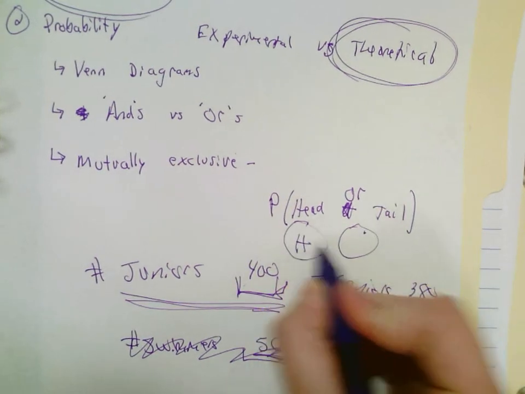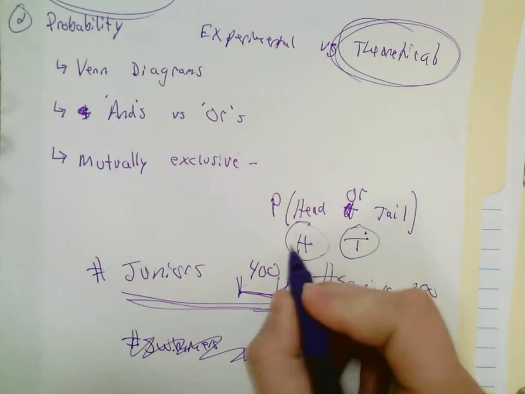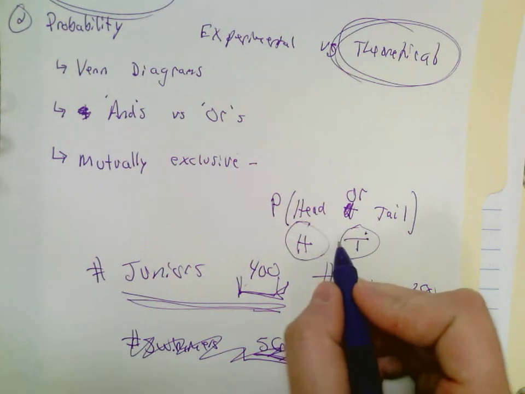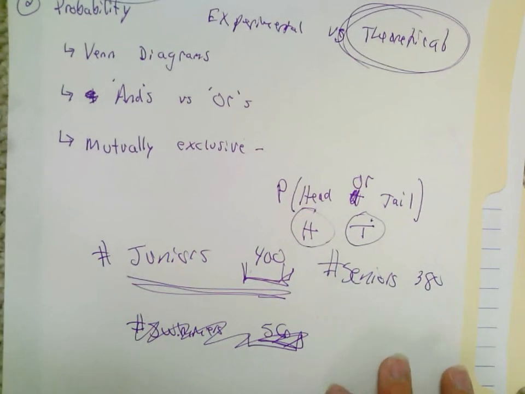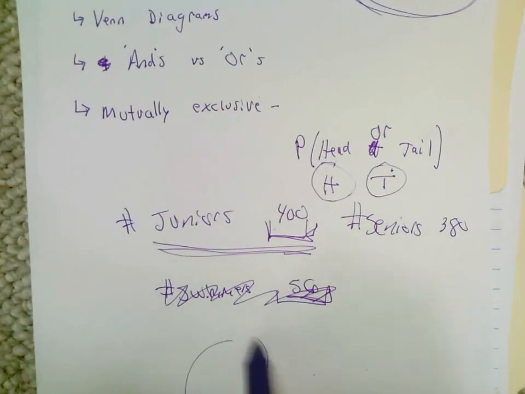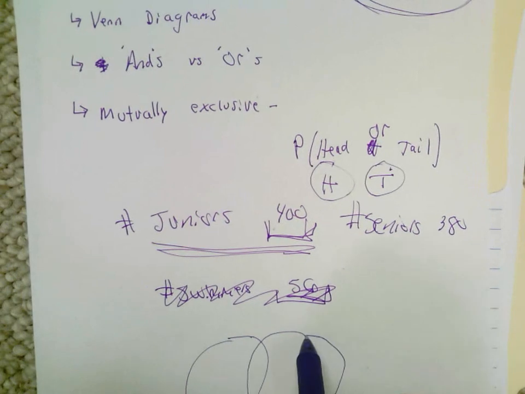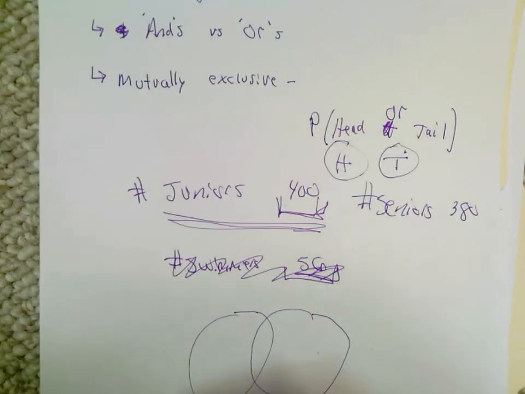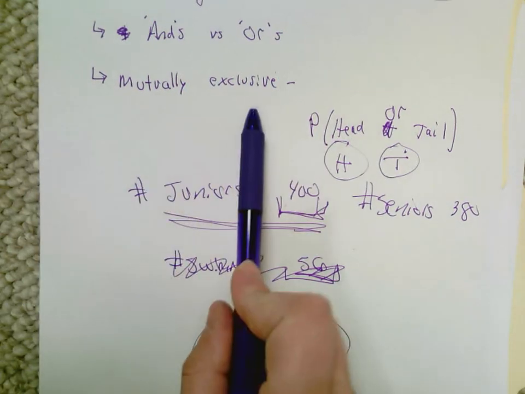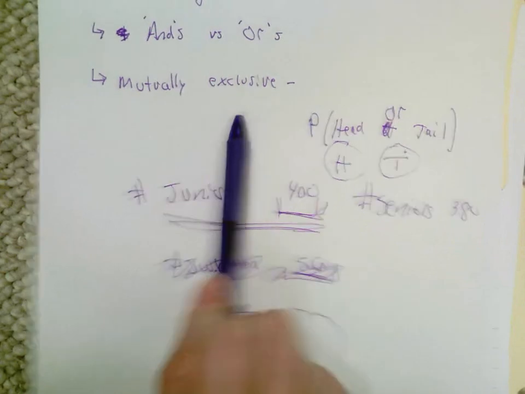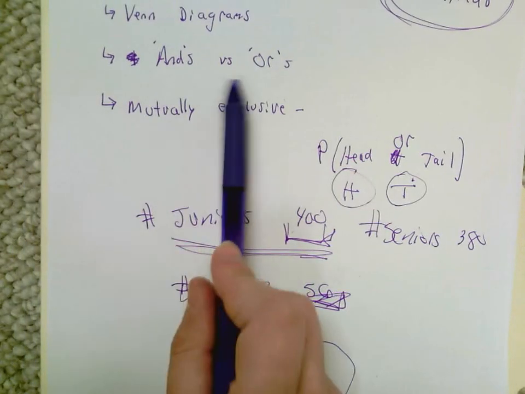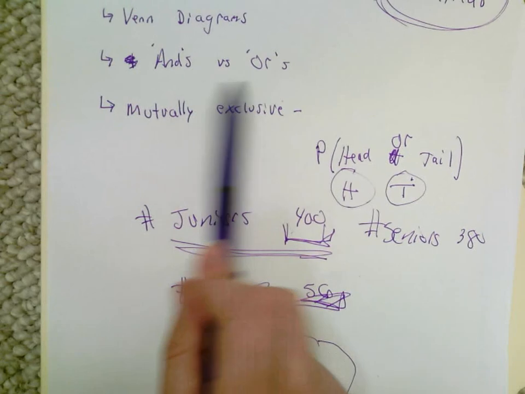This would be my heads over here, this would be my tails. But there's no both. It's not possible to have both. But if I had my list of juniors and my list of swimmers, there could potentially be some overlap there. So be practicing, think of some ideas of that mutually exclusive, because that's going to be a big determining factor, especially as we dive more into this and or idea.